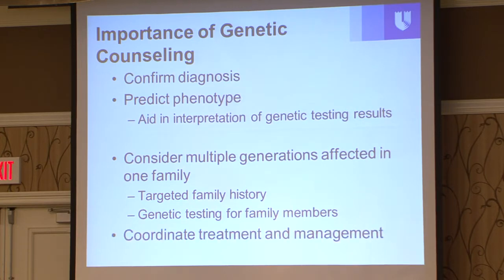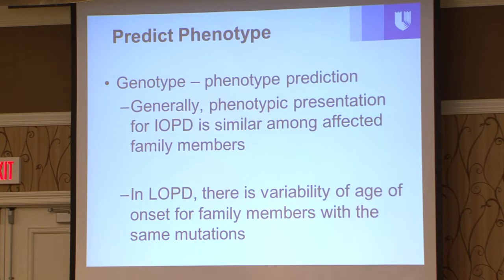And then finally, in genetic counseling, we provide a lot of treatment coordination and management. I'm not going to necessarily go into that, but we're always here to help facilitate appointments in the system. When we think about predicting genotype-phenotype correlation, one thing that we do know is that generally phenotype presentation for infantile patients is similar among family members.